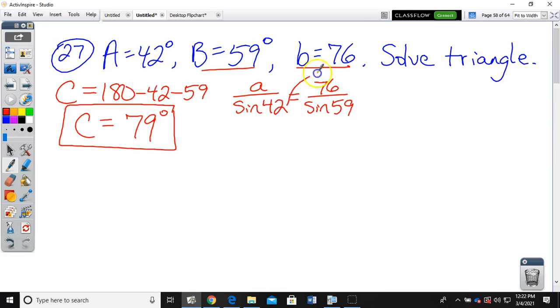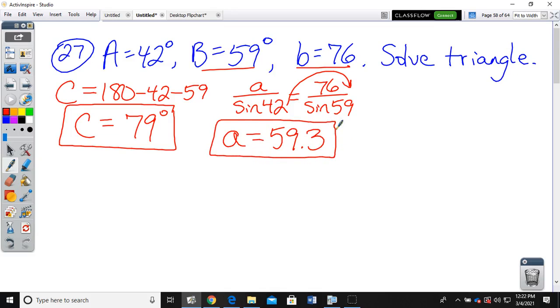And you just move your denominator on the left over to the numerator on the right and type that into your calculator. 76 sine of 42 divided by the sine of 59. What'd y'all get? 59.3 is what I got as well.